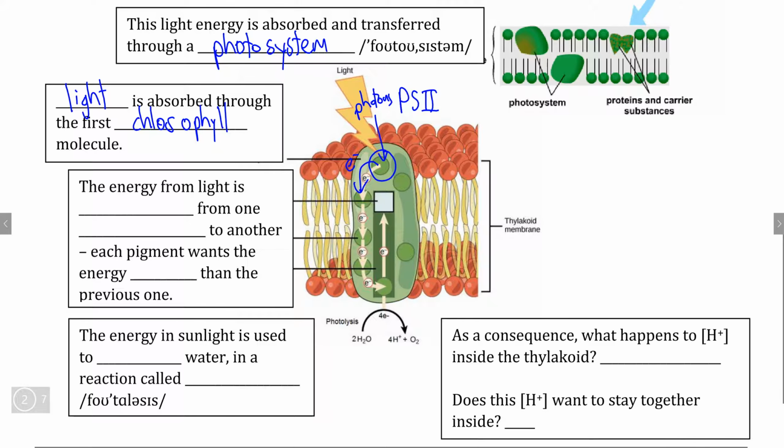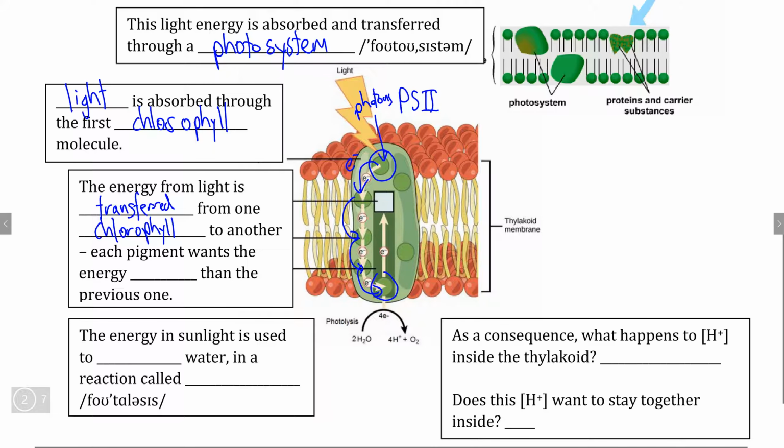Number one, the energy from the light absorbed by the first chlorophyll in the photosystem is transferred to the next chlorophyll in the photosystem, and eventually these chlorophyll molecules form a chain like a relay race that cycle the energy absorbed in the form of an excited electron from one chlorophyll to the next, to the next, until they reach their ultimate destination.